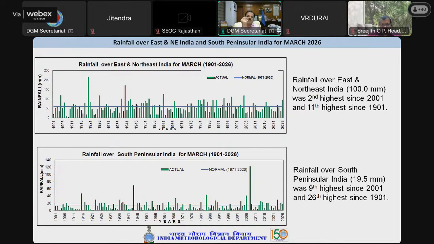And if you consider the entire period, it is the 11th highest from 1901. For South Peninsular India, it is the 9th highest since 2001. So again, it is not record-breaking. The contrasting behavior this year has been the higher rainfall activity over East and Northeast India because of the western disturbances and thunderstorm activities.